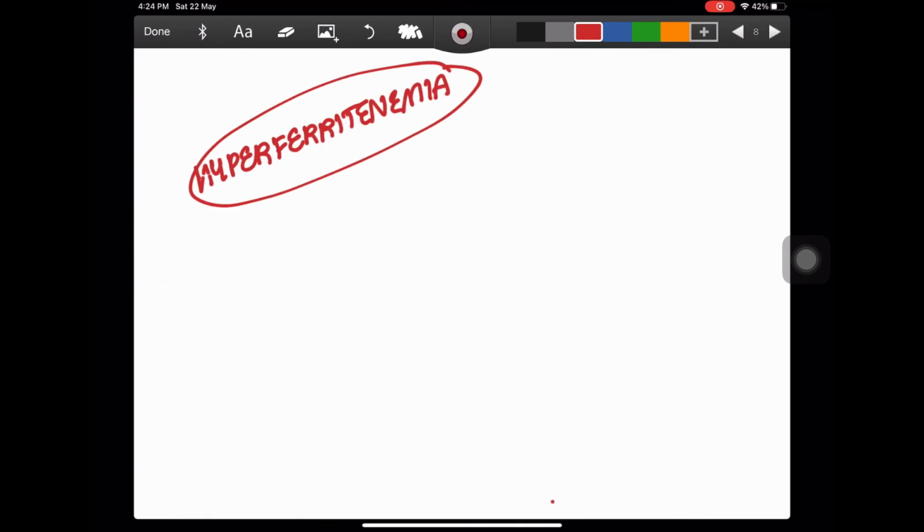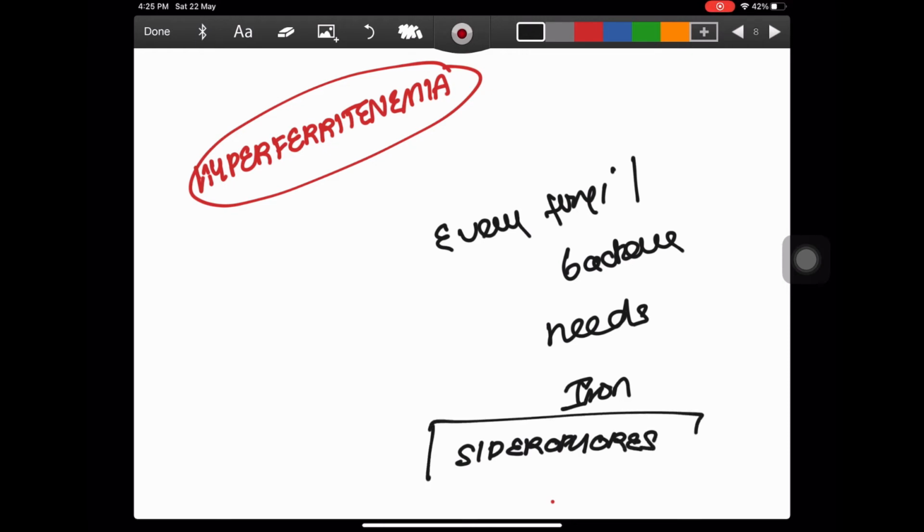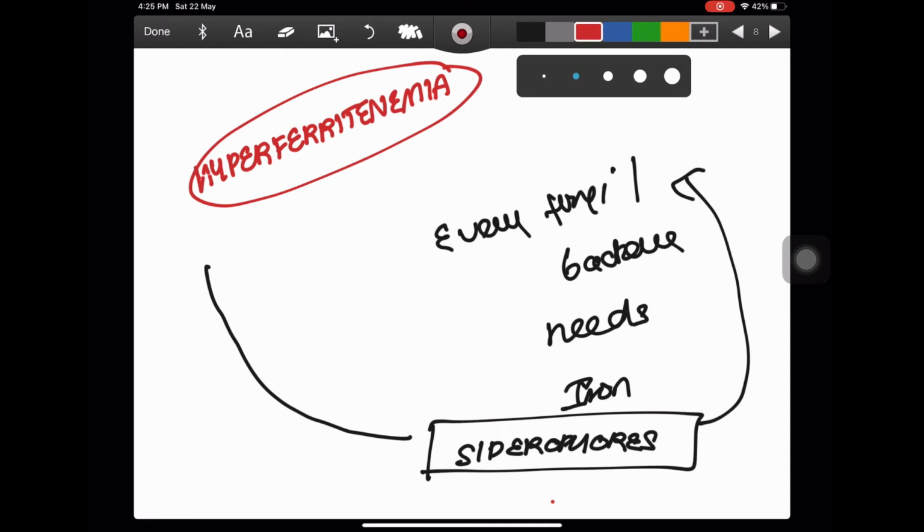So what does hyperferritinemia have to do with all this? We should know that every fungus, and for that matter bacteria, needs iron. They contain substances called siderophores, which help the iron to enter the fungi.